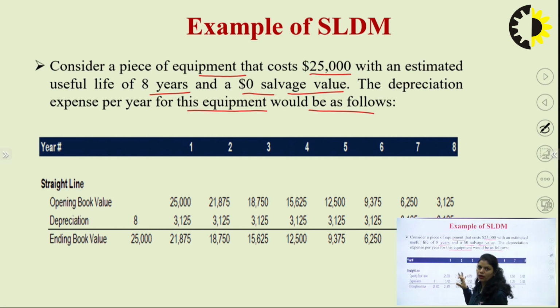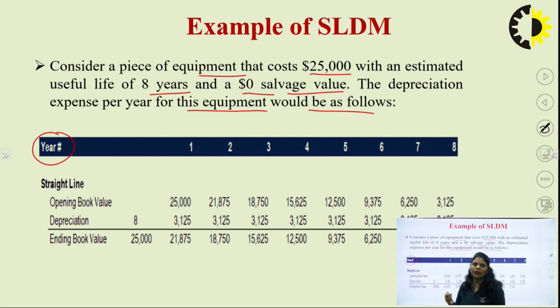So, how will we create this table? This is the year. This year is showing the useful life of the particular asset. We know that the useful life of this equipment is 8 years, so we have written 1, 2, 3, 4, 5, 6, 7 and 8. Now, the opening book value.